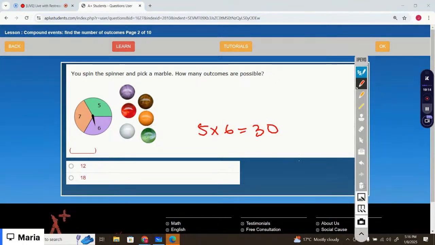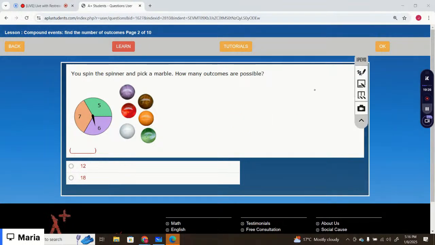The spinner has three outcomes, and the outcomes for the marbles are 6, so that is 3 times 6 equals 18. The correct option is option number 2, 18 it is.